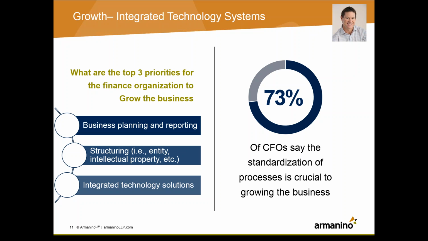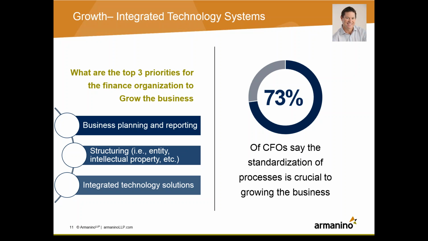The top 3 priorities for the finance organization: one is business planning and reporting, having a better process around that. Two is structuring, being able to understand all the different legal entities, especially for companies that have international growth plans, and how they can offshore intellectual property and set up other structures around the world. And the last was integrating their technology solutions.